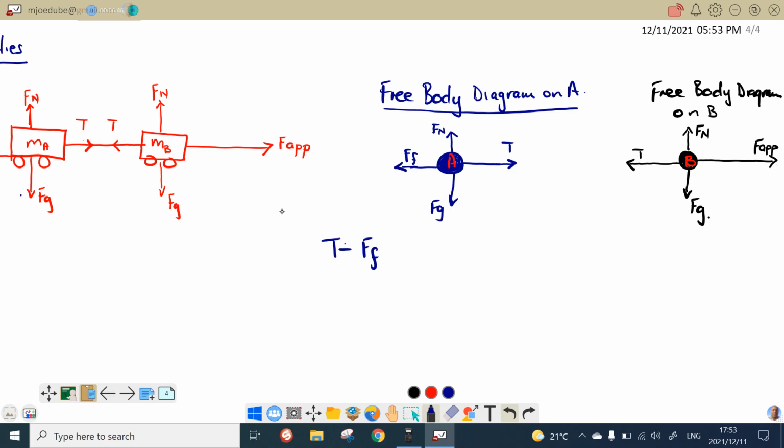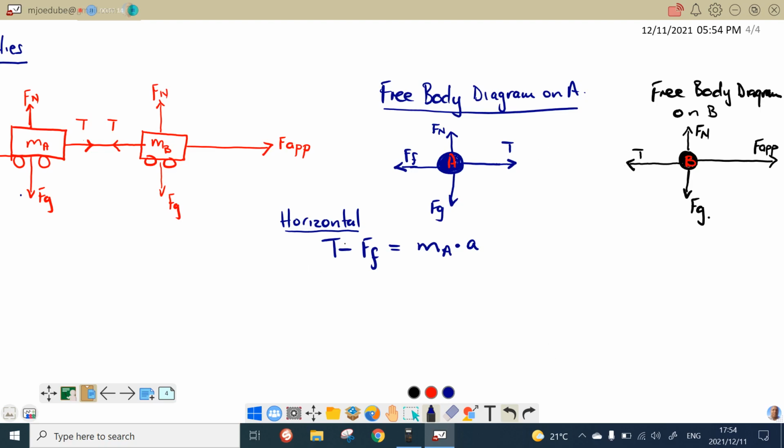So it's along the horizontal, because this object is moving along the horizontal. T minus FF is equal to MA, the mass of object A multiplied by the acceleration of that body. So this here is the equation that we're going to make use of.